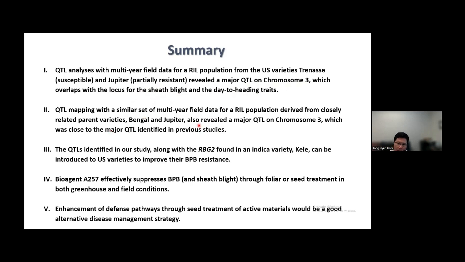And then from the second population, we also found one major QTL close to the previously identified QTL, and we are now working on the integration of the RBG2 locus from the indica variety along with the major QTL that we identified into US varieties to increase their disease resistance.